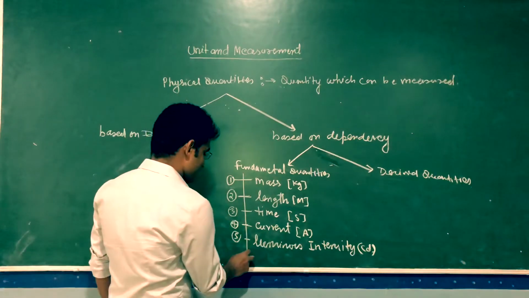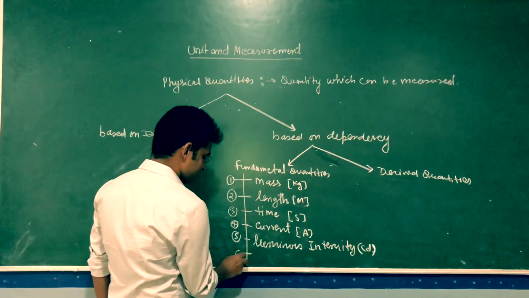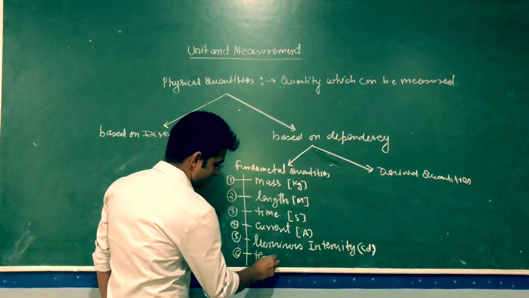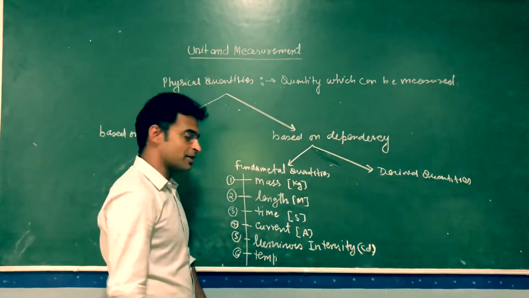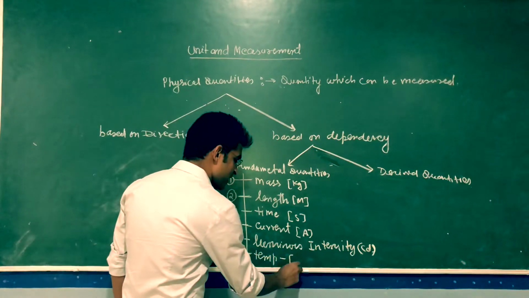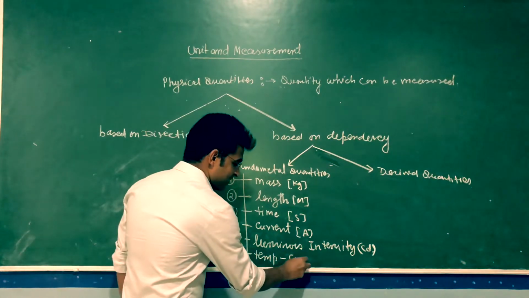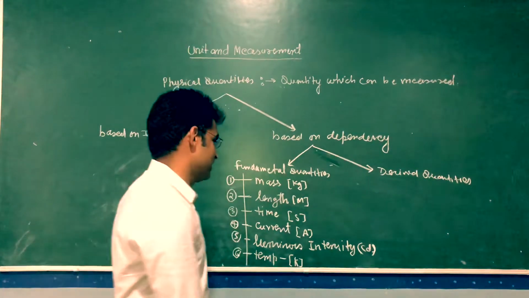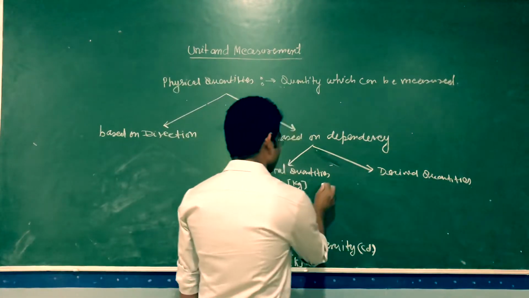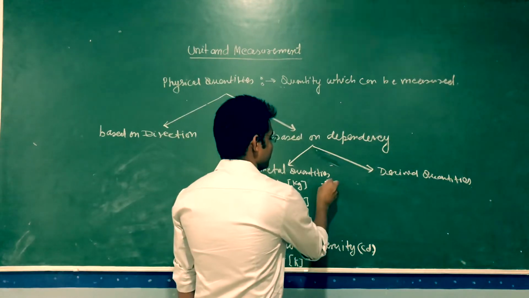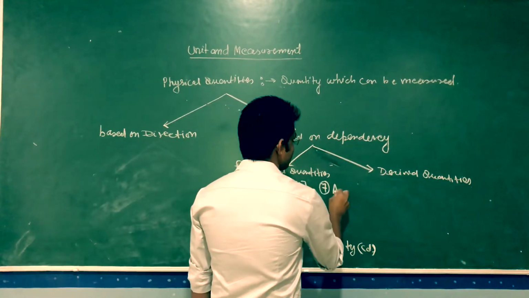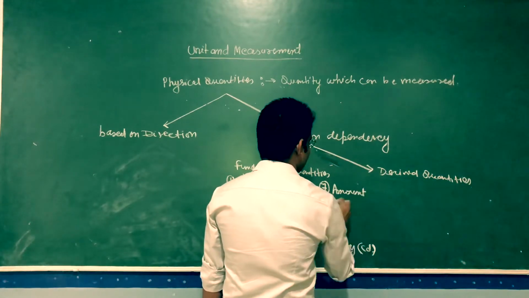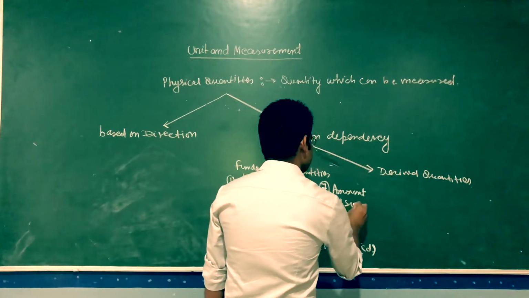Now, the sixth one is temperature. Temperature we measure in K. And one more quantity: the seventh quantity is amount of substance.